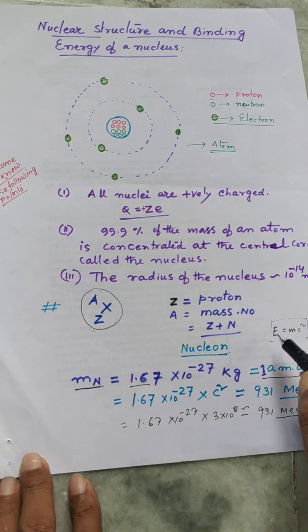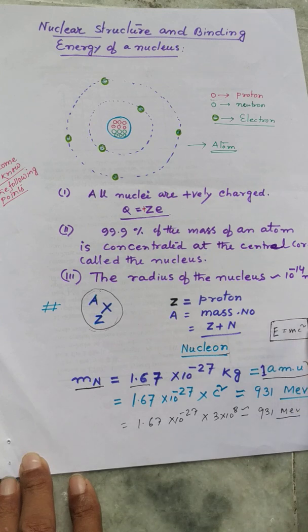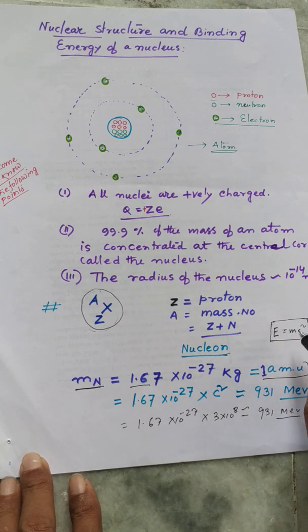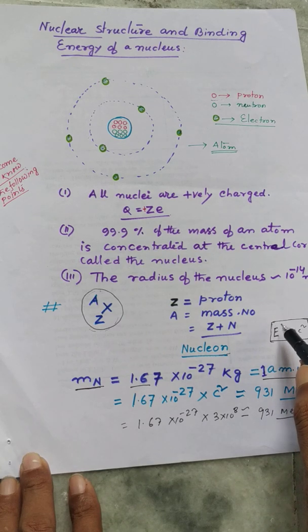According to the Einstein mass-energy relation, E equals mc squared, the mass and energy of a particle are not independent of each other. They depend on one another, and they are related by the equation E equals mc squared.